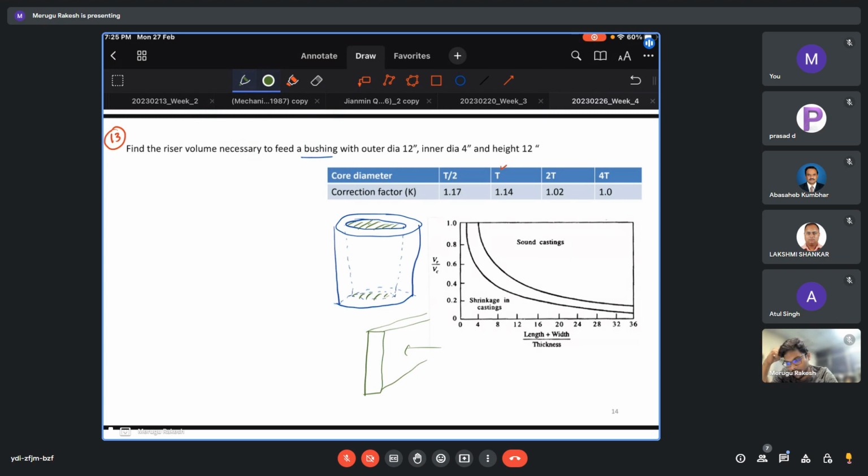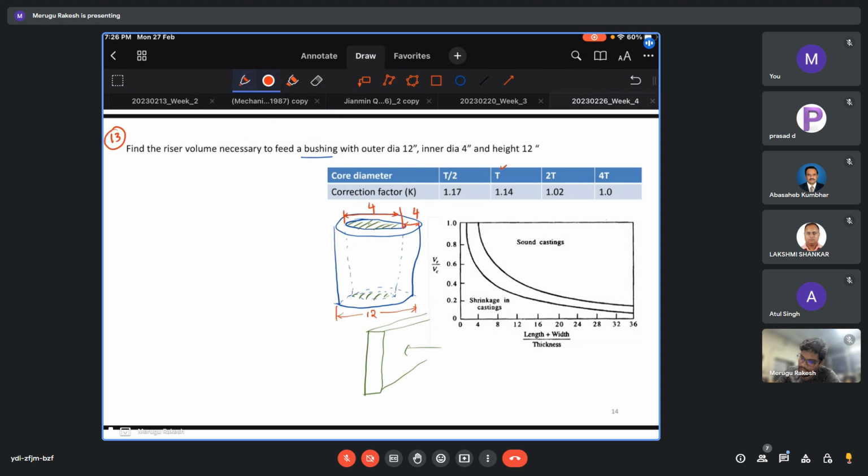Okay, so now let me calculate the thickness in this case. We have outer diameter 12 inches and inner diameter 4. So we have 12 minus 4, that is 8. 8 by 2 is 4. So we have thickness as 4 in this case.